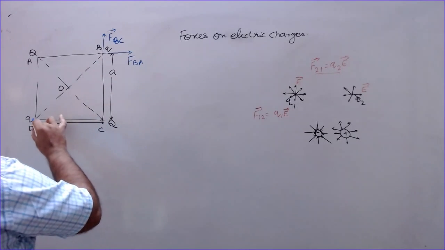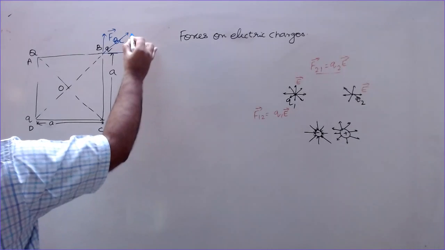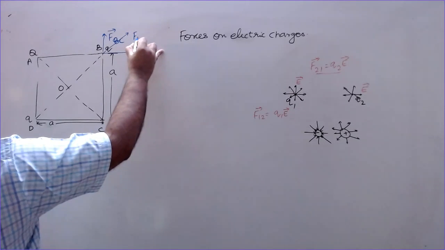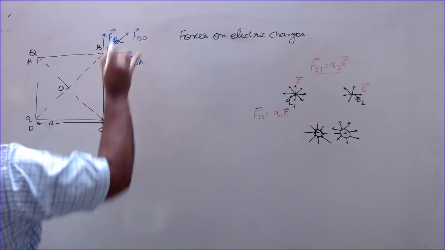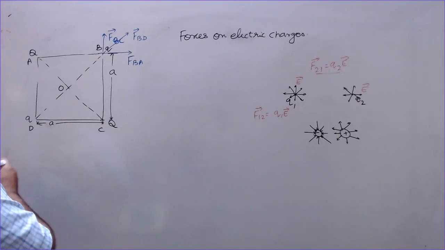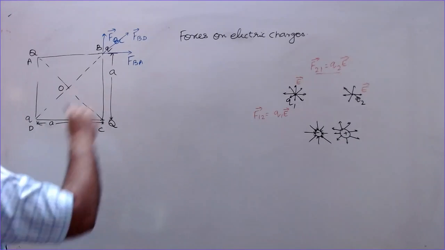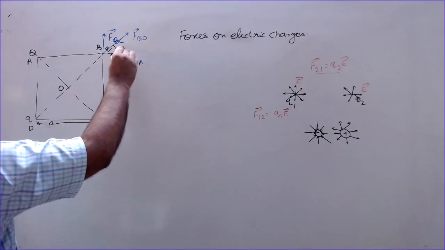And this charge is applying a repulsion force in this direction, that is FBD. So these two are perpendicular to each other. That means this one is making an angle of 45 degree. This angle is 45 degree.